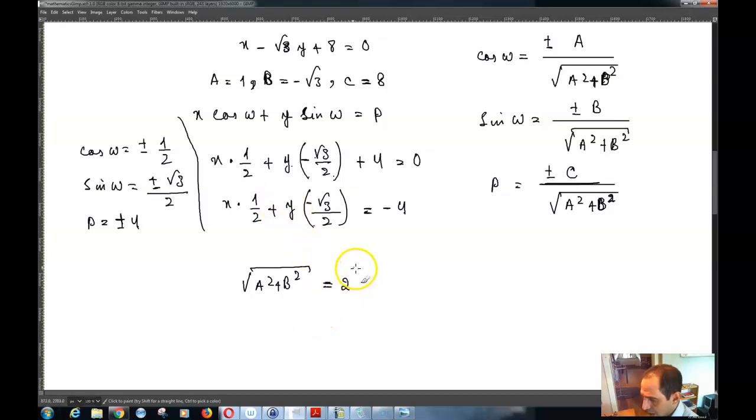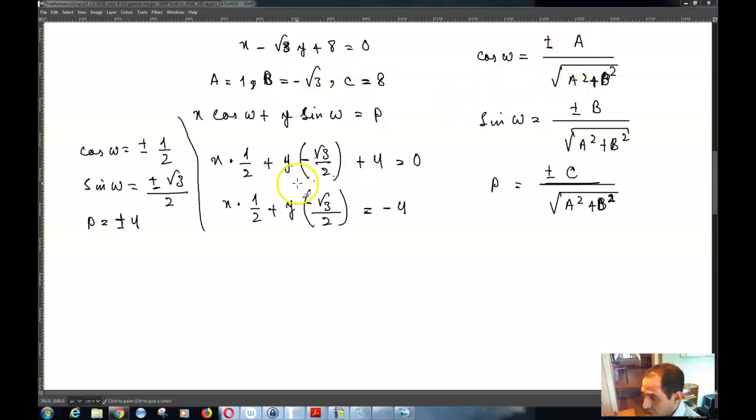And so if I had taken simply this 2 and divided my whole equation by that, then I would have gotten the answer that I already have over here. And you can see that, of course, the square root of a squared plus b squared is already in the denominator of each of these numbers, and the numerator of each of these numbers is basically the coefficients of x and y and the constant itself, meaning that you're not really changing anything.